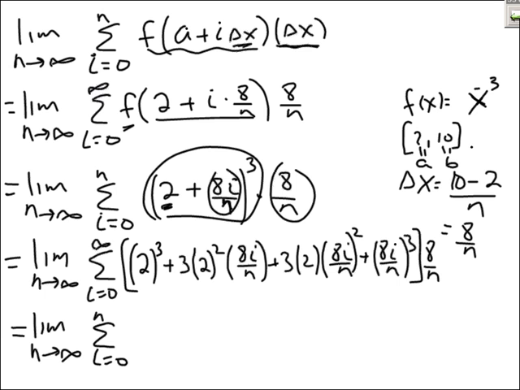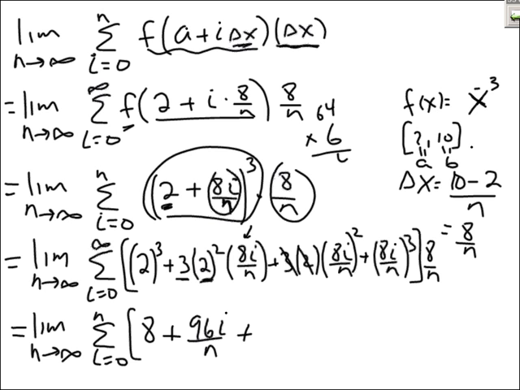Okay, so this is equal to the limit as n goes to infinity of the summation as i goes from 0 to n. 2 cubed is 8, plus 2 squared is 4 times 3 is 12 times 8 is 96i over n, plus 3 times 2 is 6 and 8 squared is 64, so that's 384 times i squared over n squared.